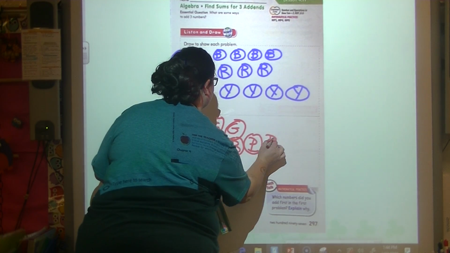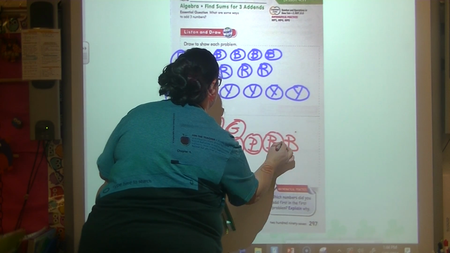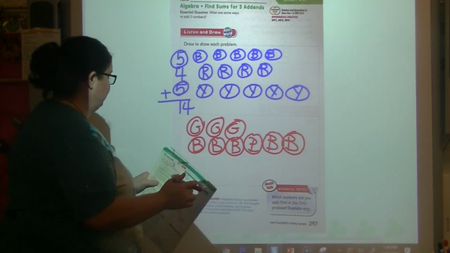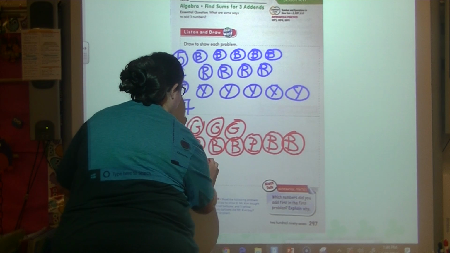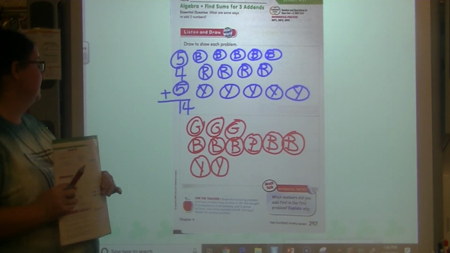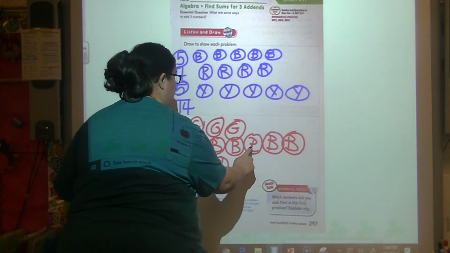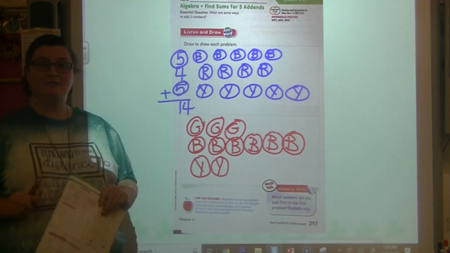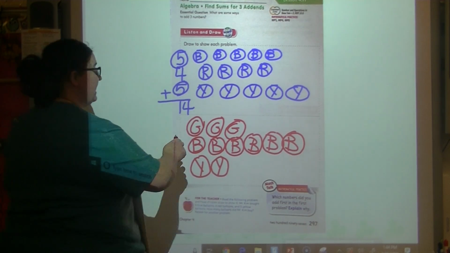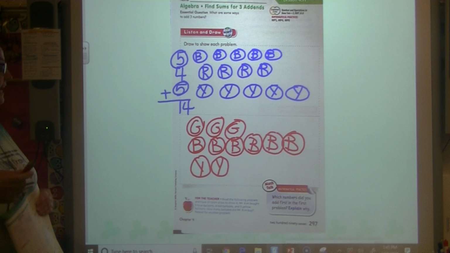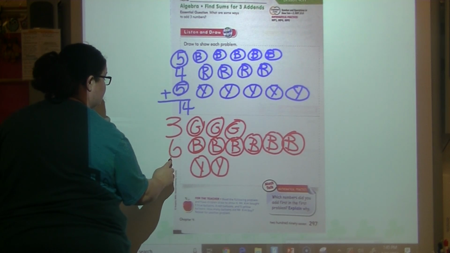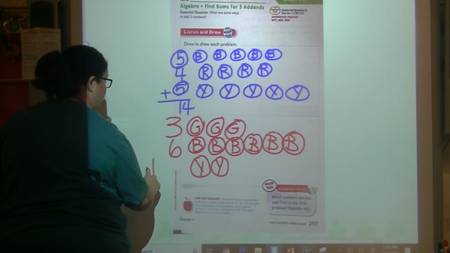All right guys, what's your answer? All right, let's check it. You should have 3 greens, 6 blues, my B's right, and 2 yellows. You can count them up, or I can add my numbers, so 3 plus 6 plus 2.